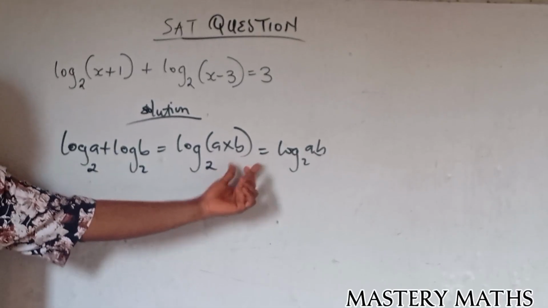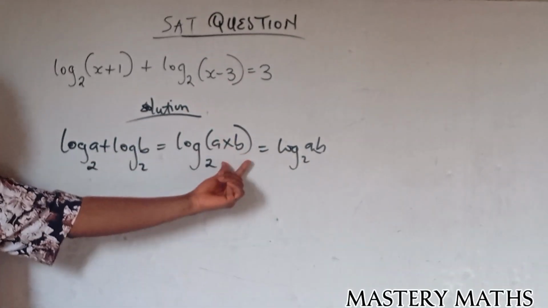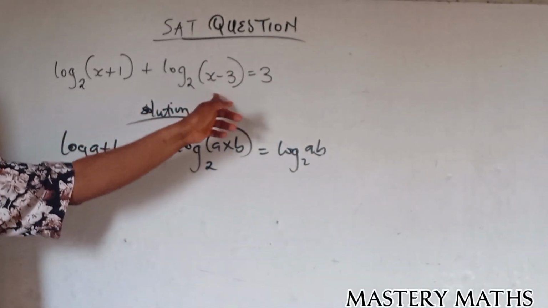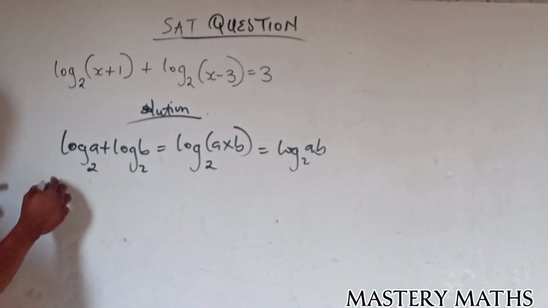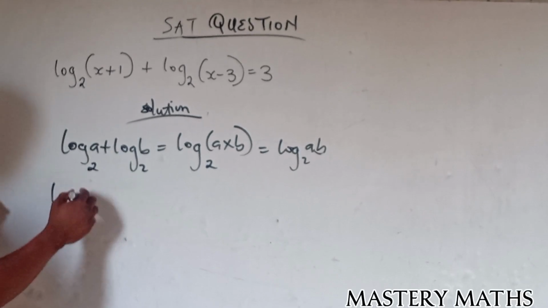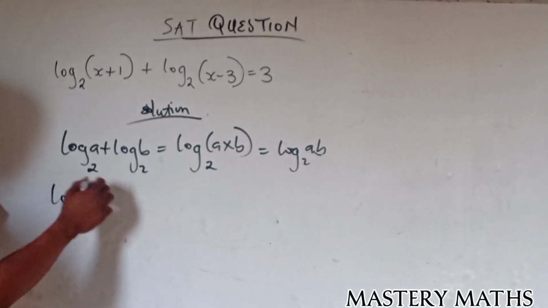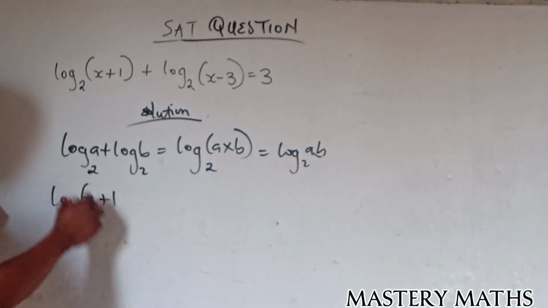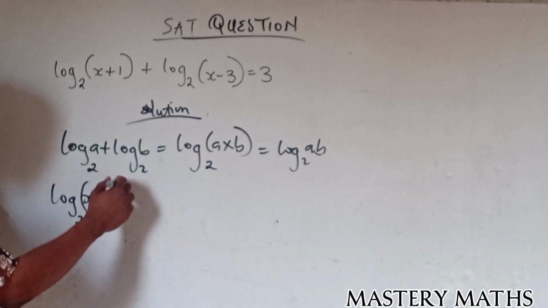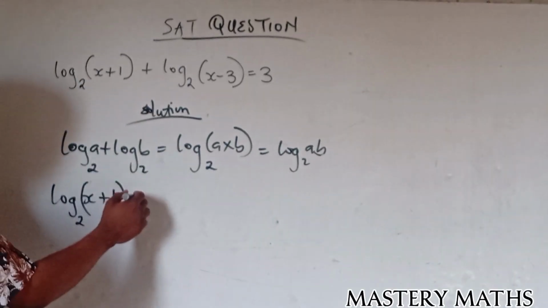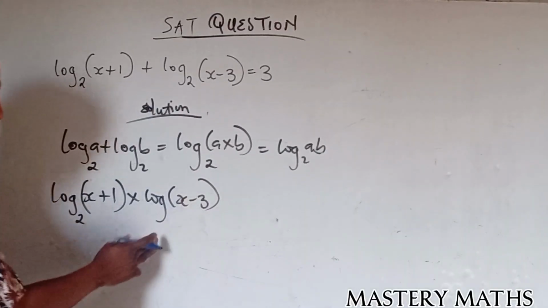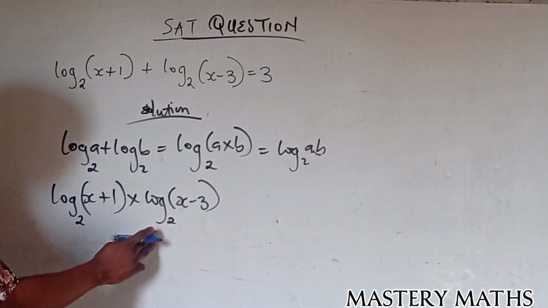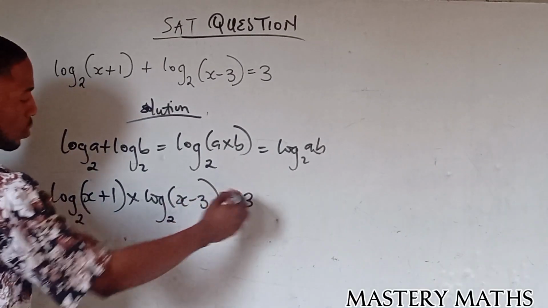Now let's substitute this to solve it. How do we do that? So now this will be log (x + 1) in a bracket to base 2 times log (x - 3), close the bracket, to base 2, equal to 3.